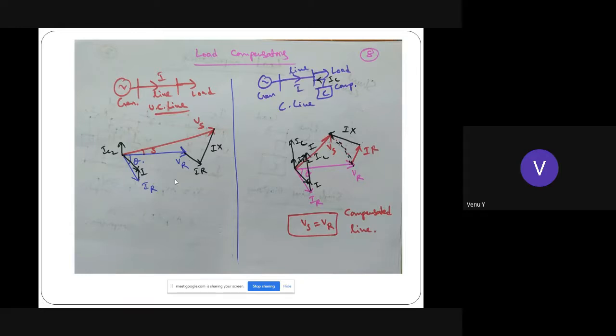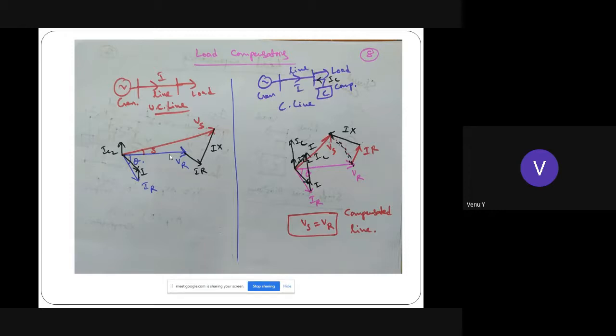The impedance has two components, resistance and reactance. The IR drop is the resistance drop, in phase with the current I, as shown in the phasor diagram, and with 90 degrees leading, the IX drop is there. Joining the terminal point and the initial point, you will get the sending end voltage Vs, and the angle between Vs and VR is delta for the uncompensated, loaded line.